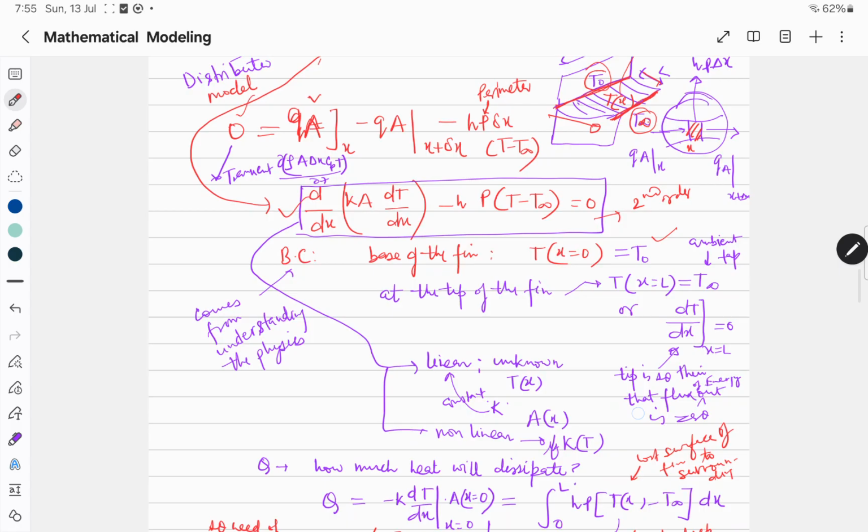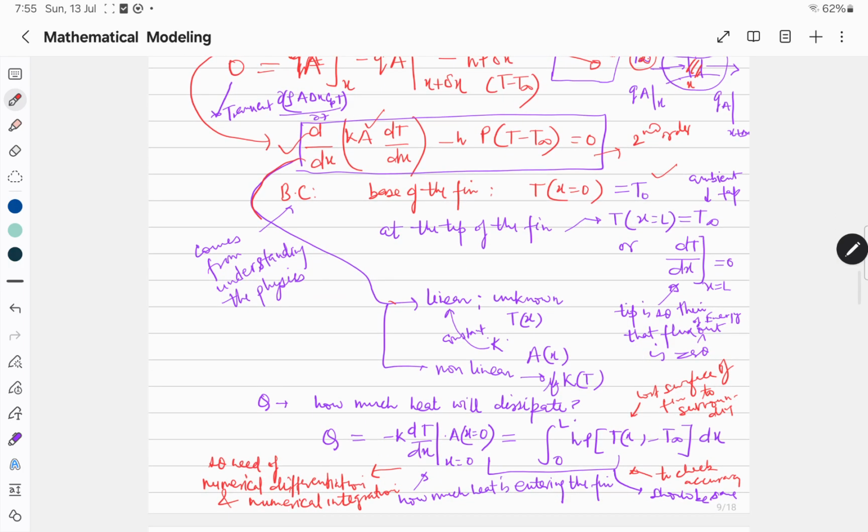So this is linear. Why is it linear? Because T is the unknown, and k is constant. Even if A is a function of x, x is the independent variable, so the independent variable could come right here. This will not make it non-linear. Now what will make it non-linear?